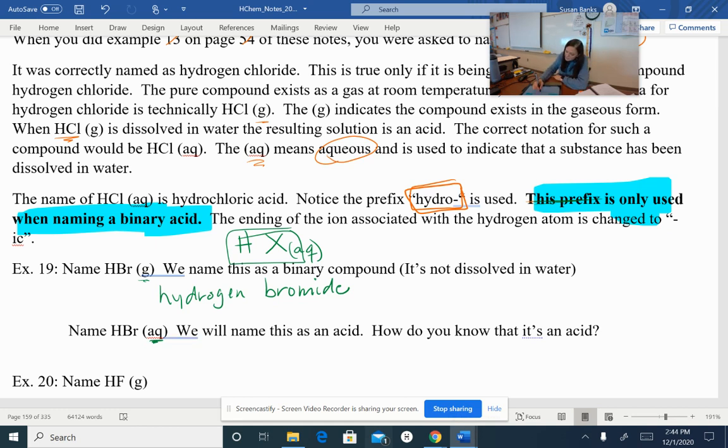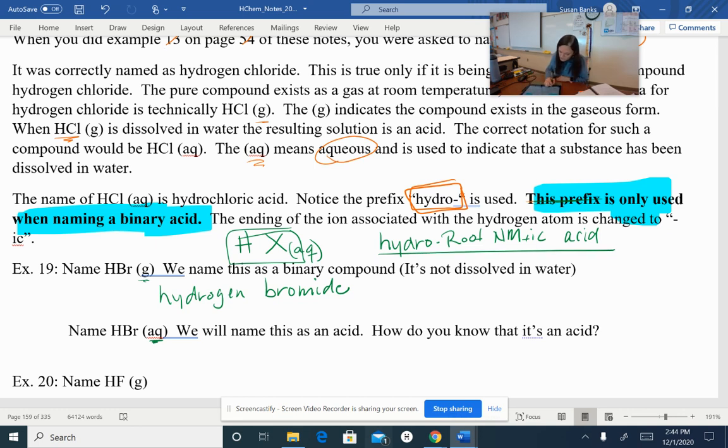So we name this hydro, and we take the root of the nonmetal that it's bound to, and we add a suffix ic to it, and we add the word acid. So that is the formula for this.